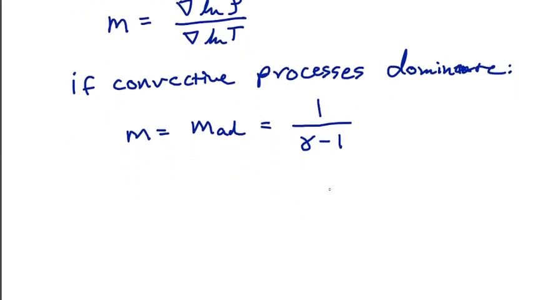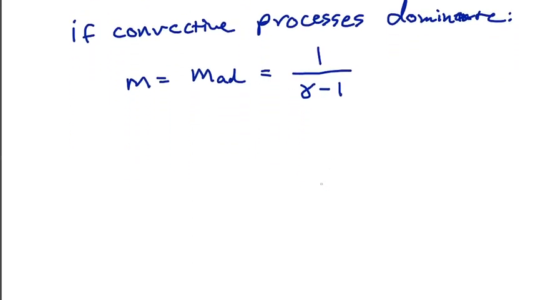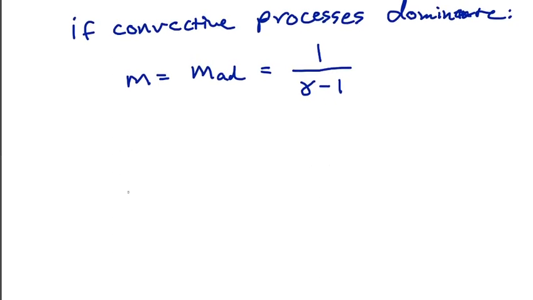This gamma here is special to the molecular properties of an ideal gas. And the value of gamma depends on the makeup of the ideal gas. Gamma has a couple of classic values. If it's a monatomic ideal gas, like an ionized plasma, then gamma is equal to 5/3.